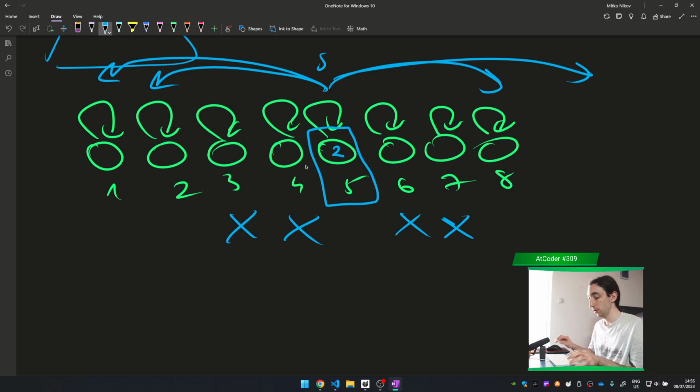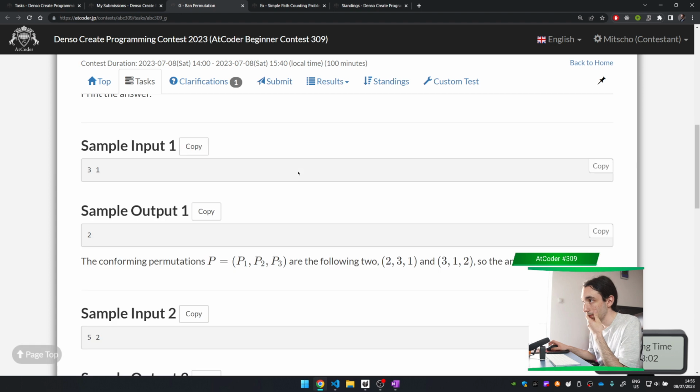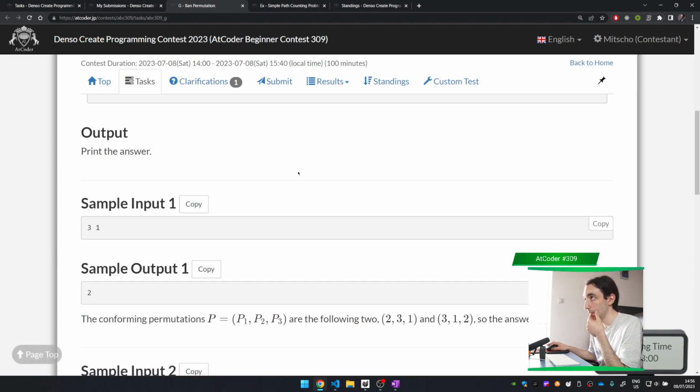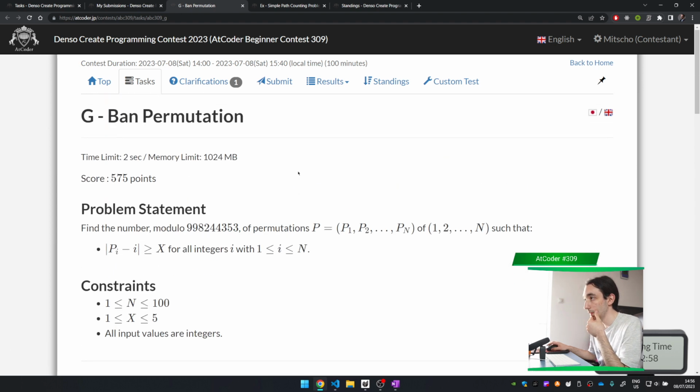There could be no such permutations. There could be a case where, for example, if n is 1 and then x is something, there is no permutation. So apparently there are cases with no possible permutations.